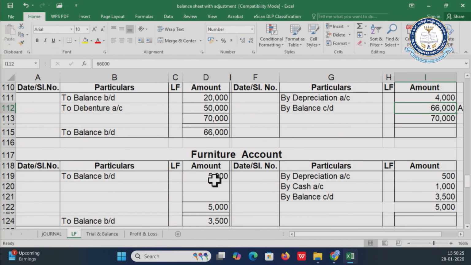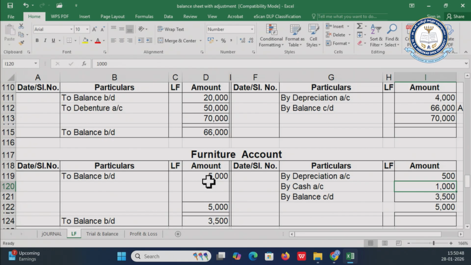Likewise, go to the next, furniture. The balance brought down is 5,000 and you have calculated depreciation of 10% on this 5,000. It is 500. Then you also sold the furniture worth 1,000. 500 is deterioration in the value of asset. 1,000 worth asset is sold.